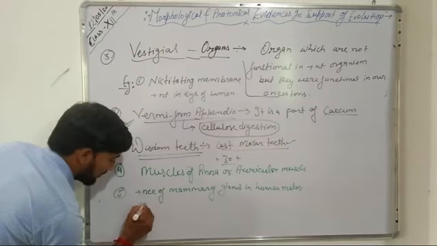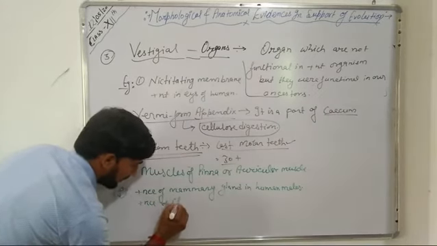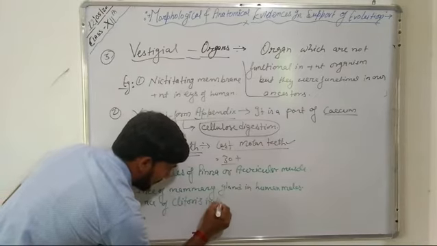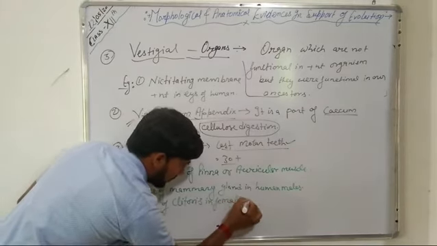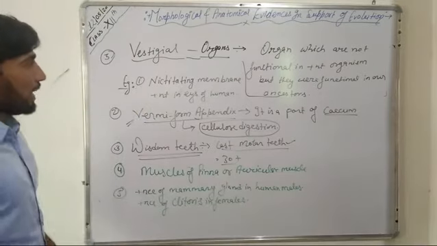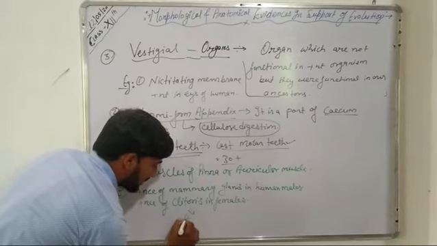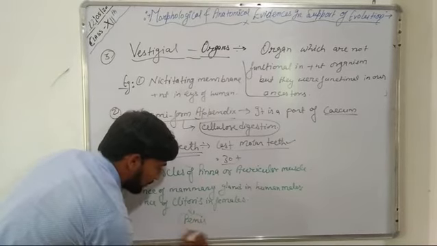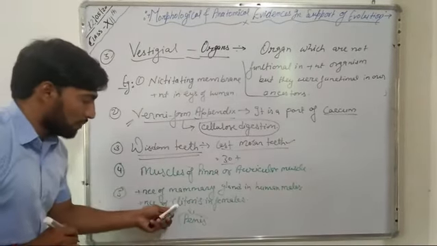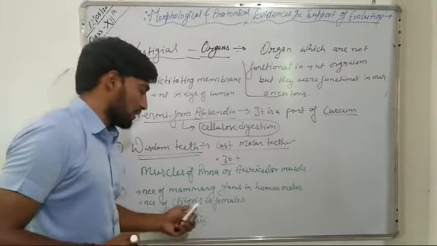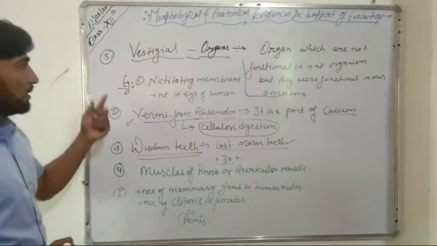Similarly, the presence of the clitoris in females is also an example of a vestigial organ. The clitoris is a penis-like structure, though the penis is present in males. In females it is non-functional, so it is also an example of vestigial organs.